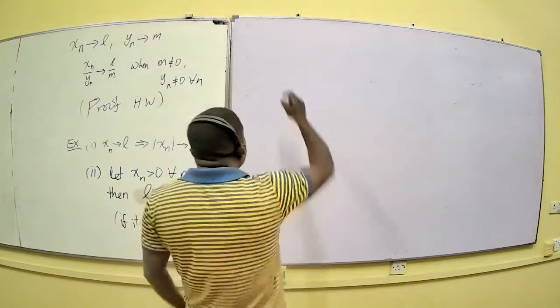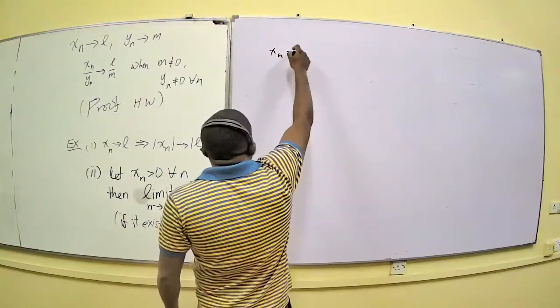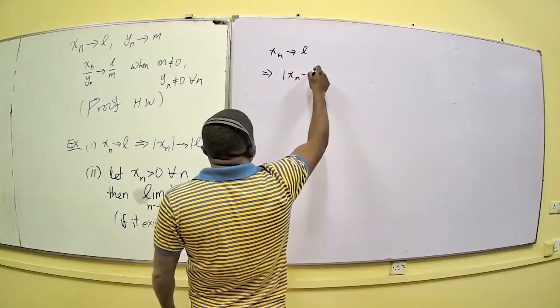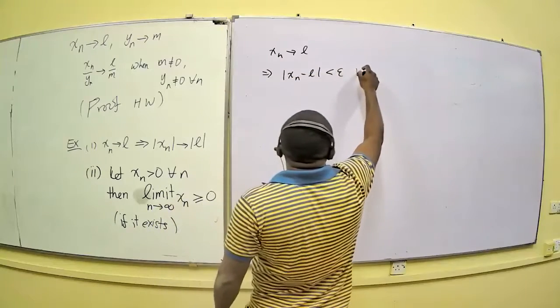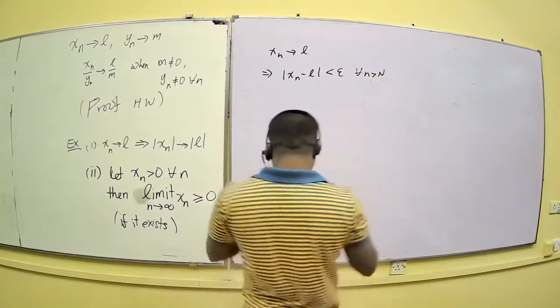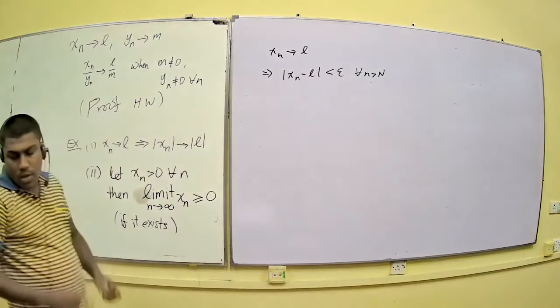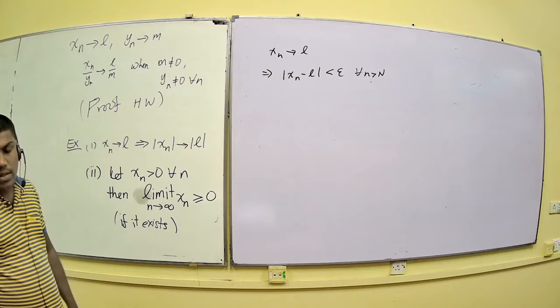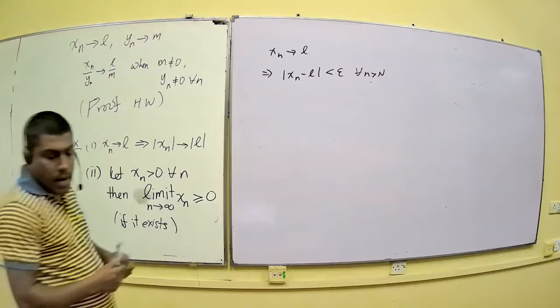Okay, x_n converges to L gives you absolute value of x_n minus L is less than epsilon for all n bigger than N. I skip a lot of things because you already know what we mean by for every epsilon, and so on. I'm skipping those lines.